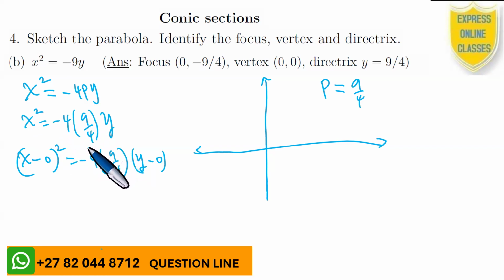The negative side of the y is the bottom, because this is the positive side of the y.